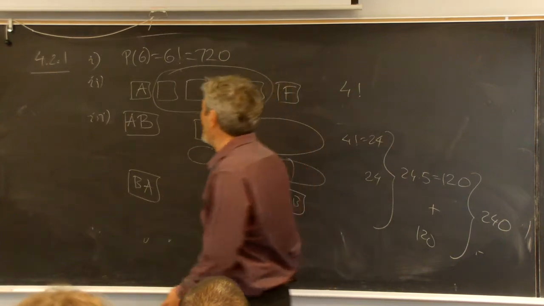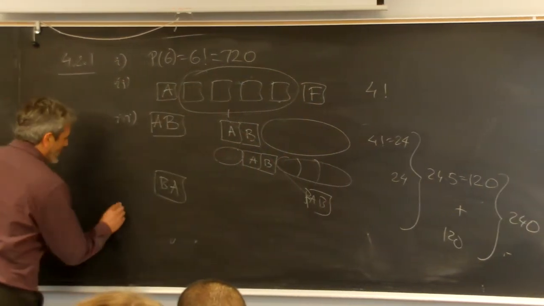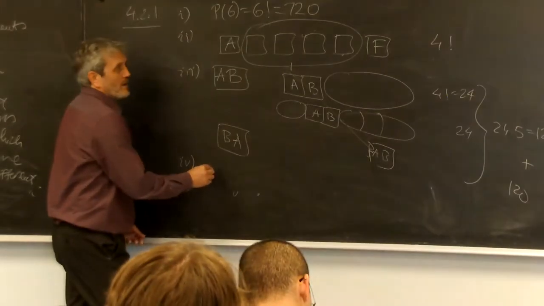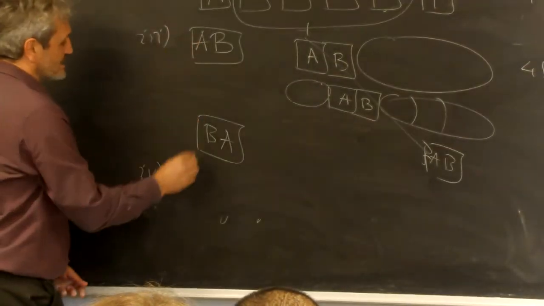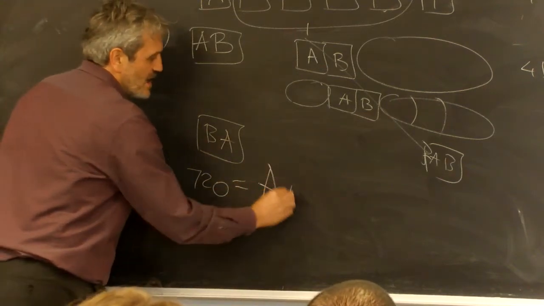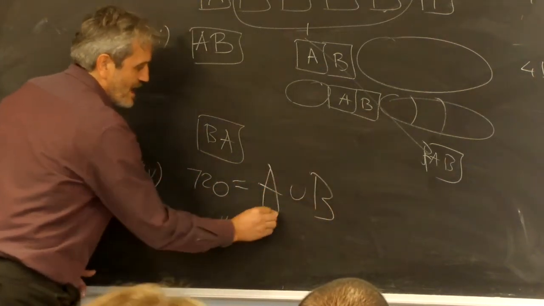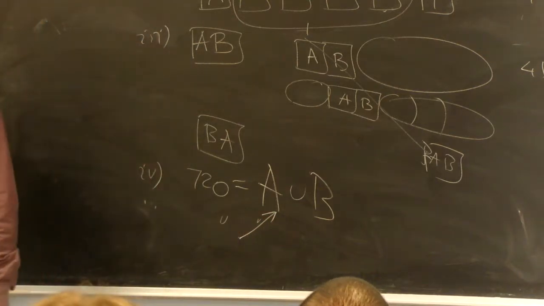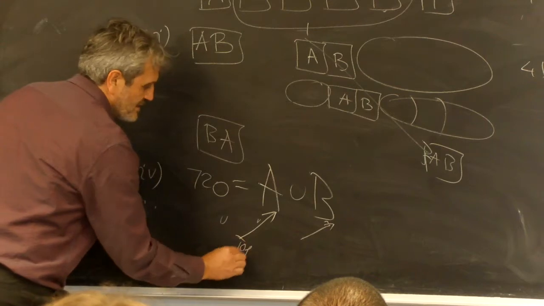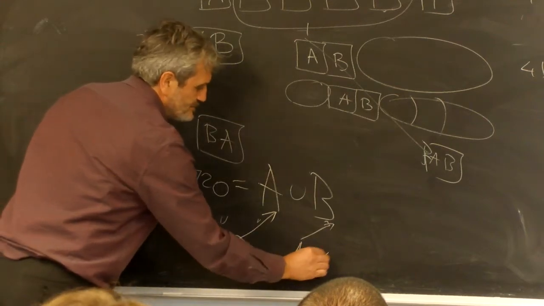So generally, in this problem 4, I'll say the following. There are how many? 720 is the whole set. And that is A union B. A are configurations when they sit together, and B, they're not together.